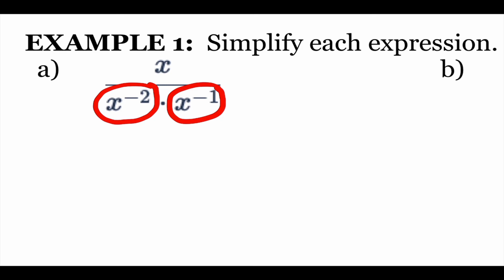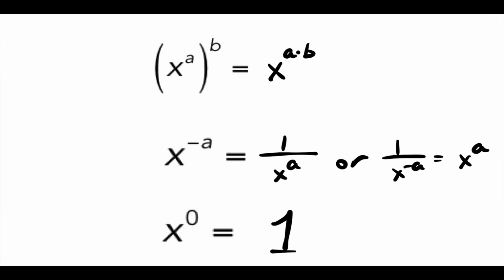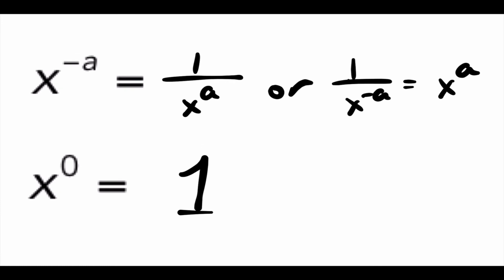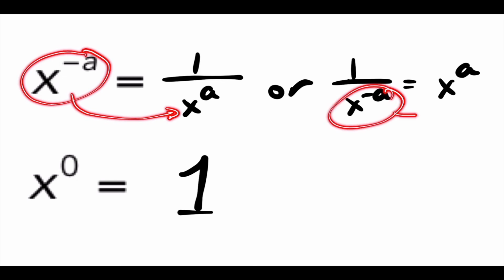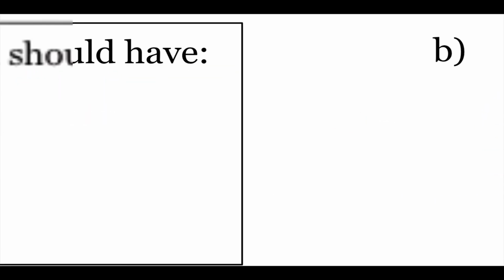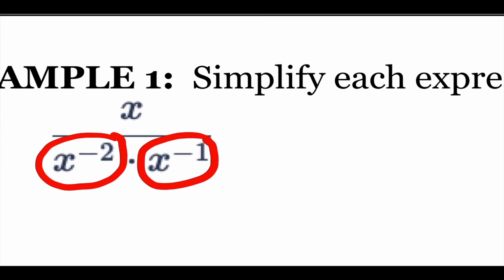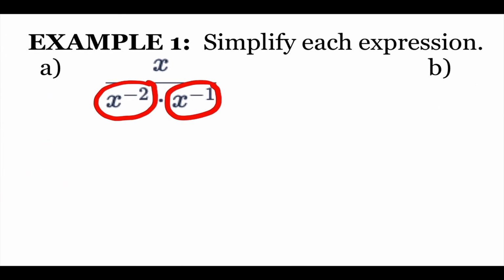What does the rule say to do with negative exponents? If they're on top, move them to the bottom. If they're on bottom, move them to the top. So they're on bottom, so this guy's going to move north. So is this guy.